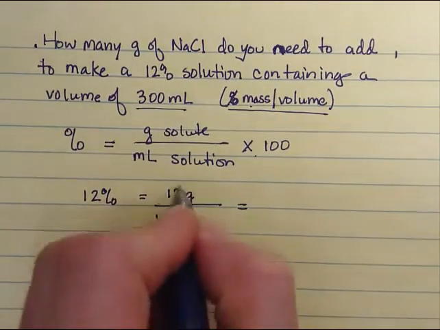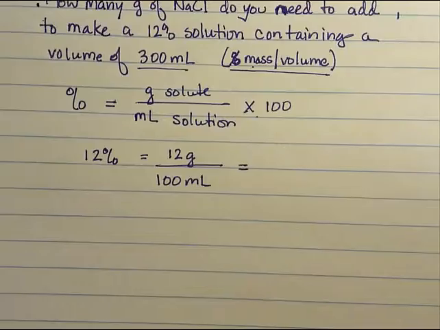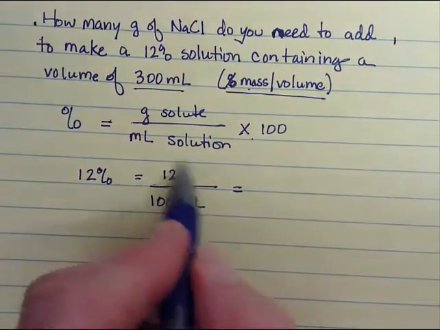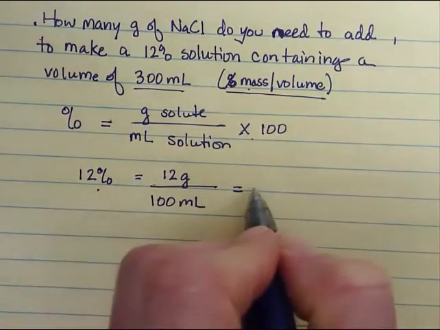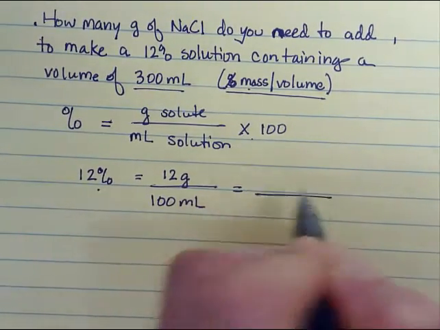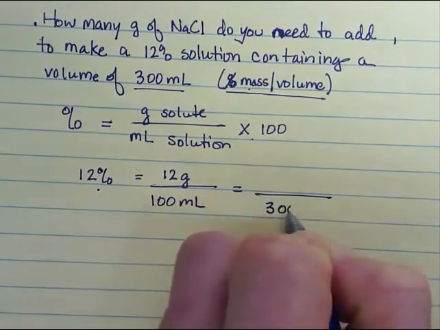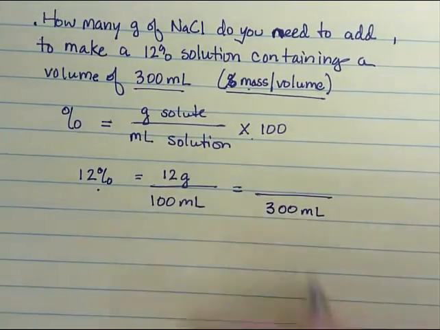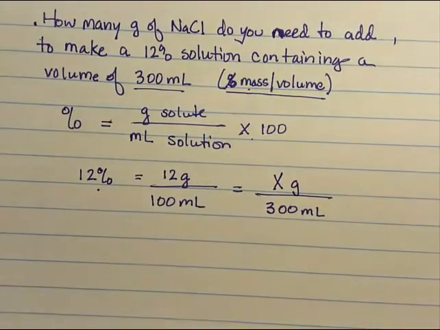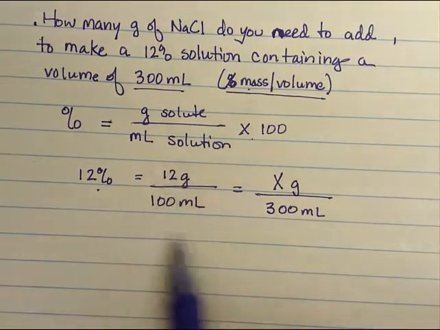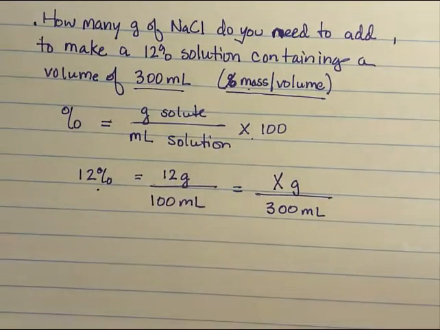So this is actually setting up a proportion. So we know this proportion to be true for a 12% solution, and so we can calculate this for any other volume. So we know we want to have 300 mils in our volume, and so our question is, how many grams do we need to add to that 300 mils to keep this proportional ratio?